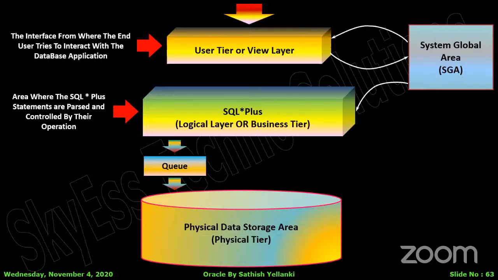Now, within your physical storage area, if that corresponding data is found, Oracle immediately starts pushing this piece of data. Your physical data storage is nothing but the area where your business application's physical state of the data is stored permanently.